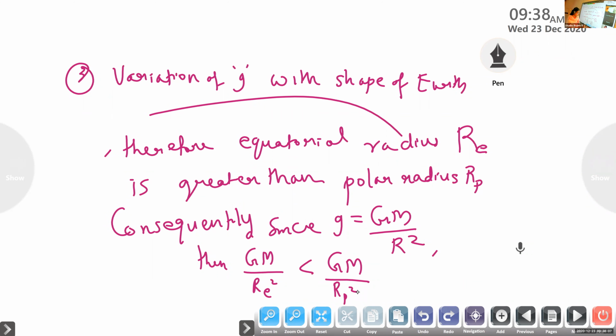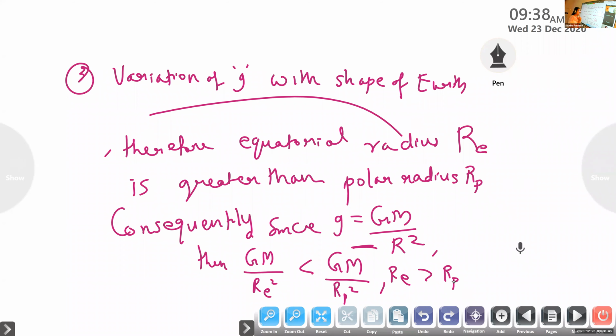Radius may be greater, but if you substitute in this equation, RE is greater than RP, but since it is in the denominator, the acceleration due to gravity at the equator and the polar region will be less. Suppose if RE were in the numerator, then it would be greater. So radius is greater, that doesn't matter. But in the equation, this is in the denominator. That is what we have learned in smaller classes.